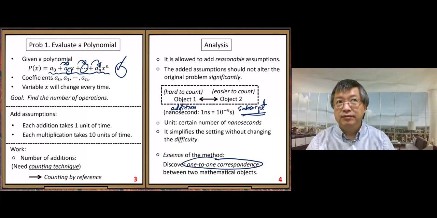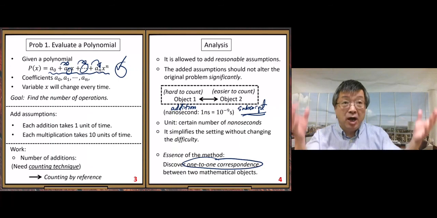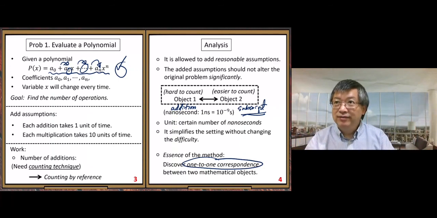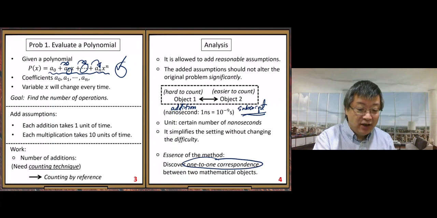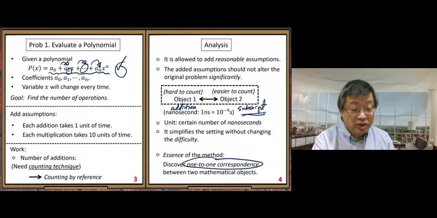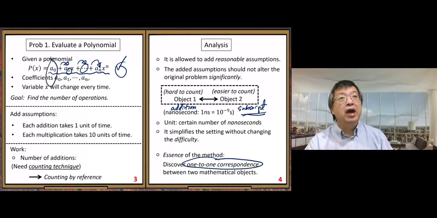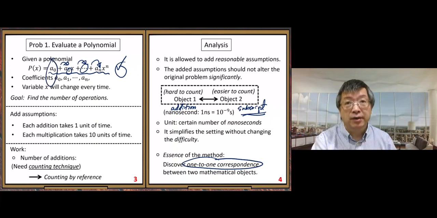After that, do you think it is much easier to count the number of subscripts here? Because in our one-to-one correspondence, no plus sign corresponds to A sub 0.